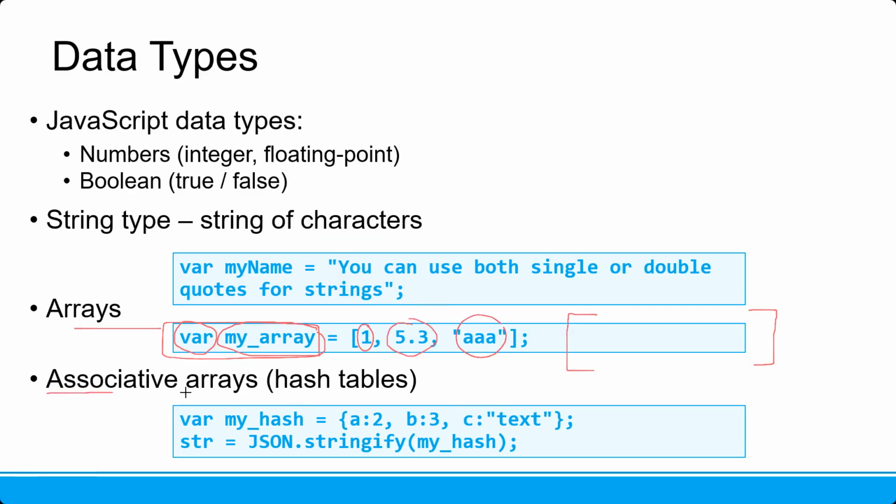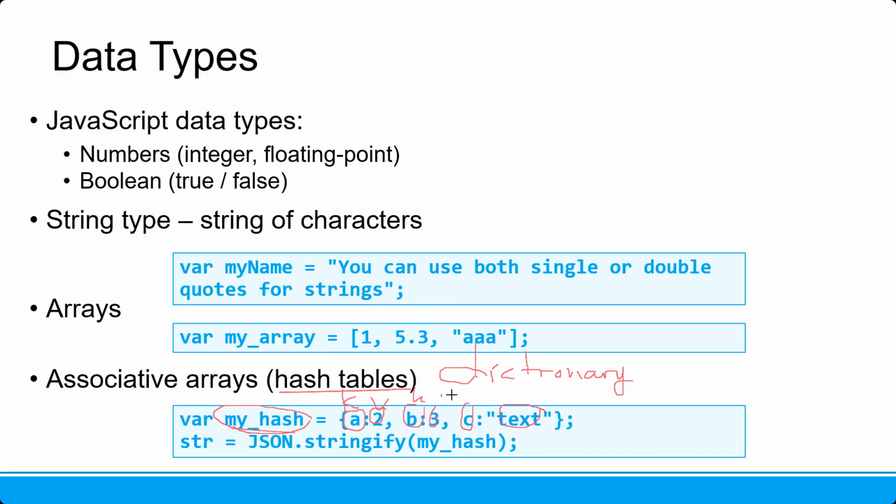And we can have the associative array. We call this an associative array, or hash table. In Python we call it a dictionary. In this case, we have, for example, a variable my hash, and then I have key value pairs. The key is A and the value is 2. The key is B, the value is 3. The key is C and the value is text.